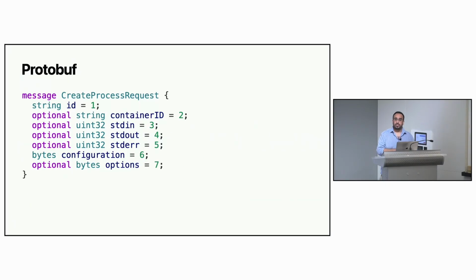Also, features like optional fields help for use cases where we want a bit of extra configuration occasionally. Here on the screen, you can see we're using a create process request message as an example. This provides everything that we need to provide vminitd to configure a process for us on the container.